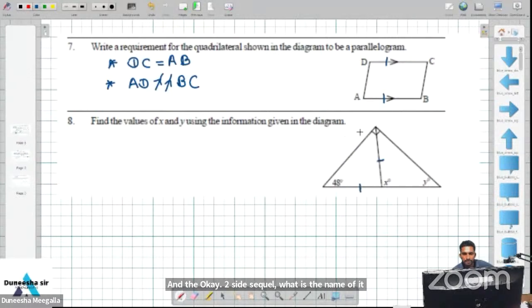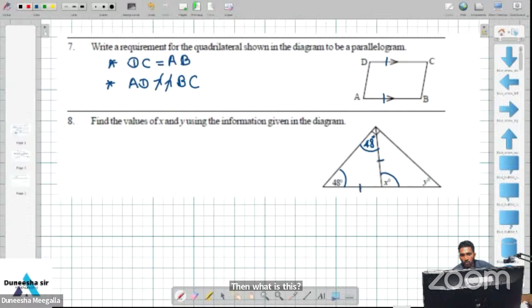Isosceles. If it is isosceles, then the opposite angles are equal. Then it is 48, 48, right?